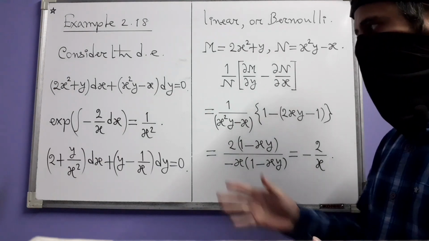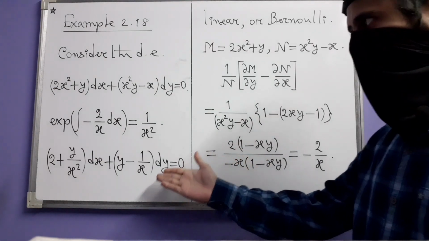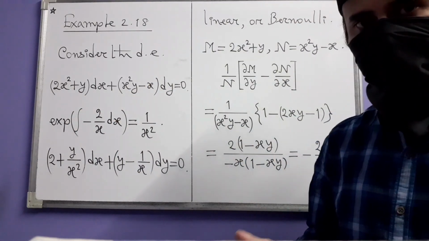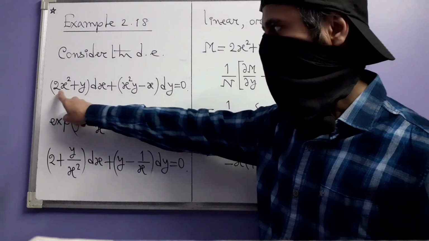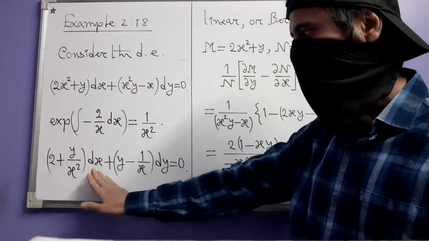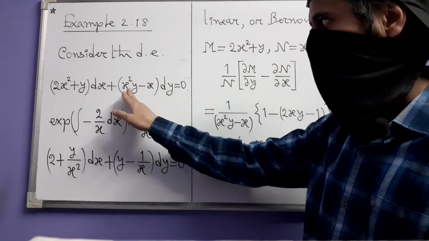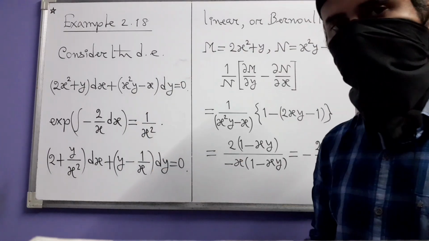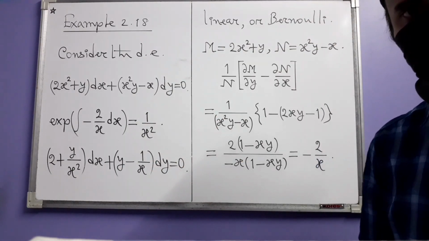Multiplying by this means dividing both sides by x squared. So you get (2 plus y divided by x squared) dx plus (y minus, after cancelling 1 x, you get 1 over x) dy equal to 0.